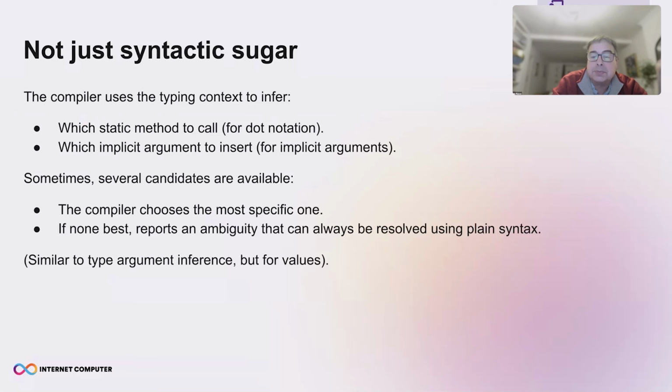But if there isn't a most specific one, instead of choosing an arbitrary one and leaving you to guess what happens when the code does something different from what you expect, it'll report an ambiguity. And because we still have the old syntax available, you can always resolve any ambiguity using the explicit syntax. So far, we found that this is rarely necessary, but it does happen. The ideas here are similar to the way we do type argument inference, except what we're inferring is not type arguments, but values, at the call site.